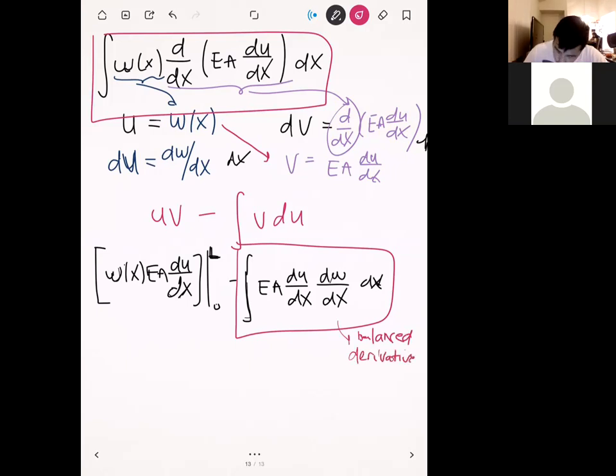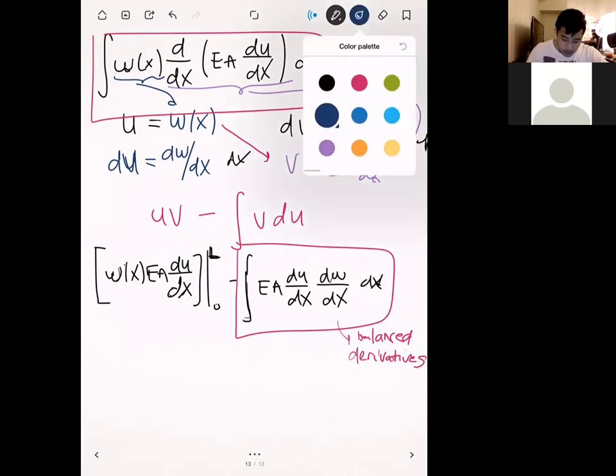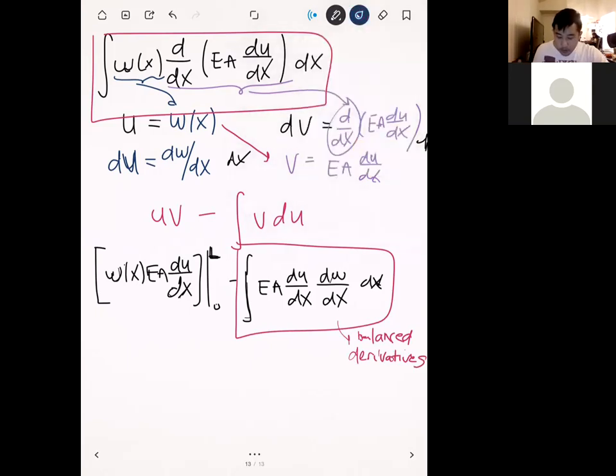Perfectly balanced, as all things should be. But the price of getting perfectly balanced derivatives is this extra guy right here, and this extra guy is a little bit weird. So let's actually evaluate this.